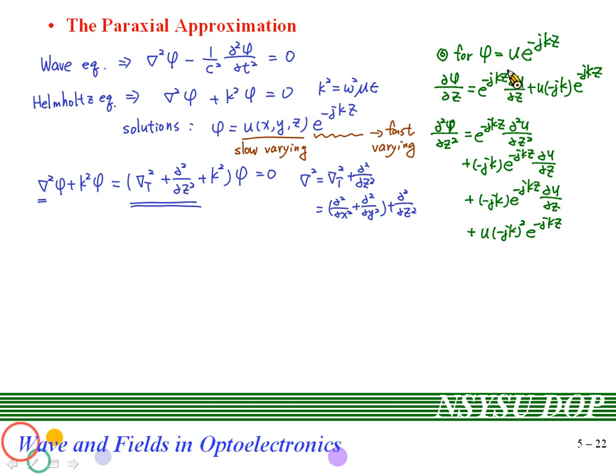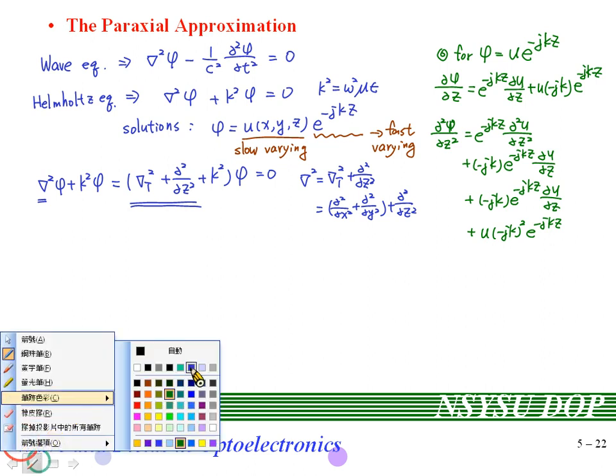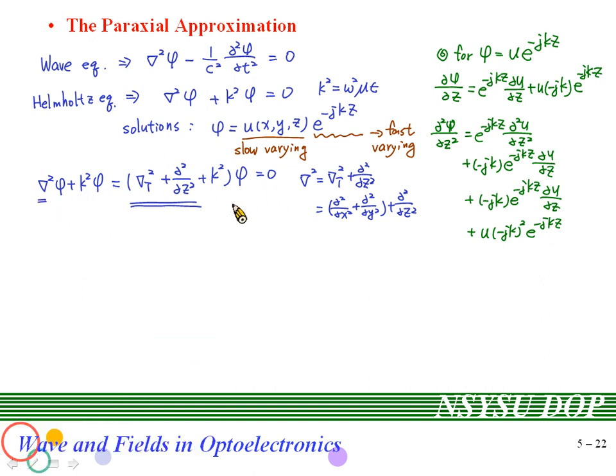Okay, according to the result I have derived here, let's rearrange the equation, the Helmholtz equation. The above Helmholtz equation can then be written as the transverse Laplacian of phi function plus the result shown here, it is the following terms.